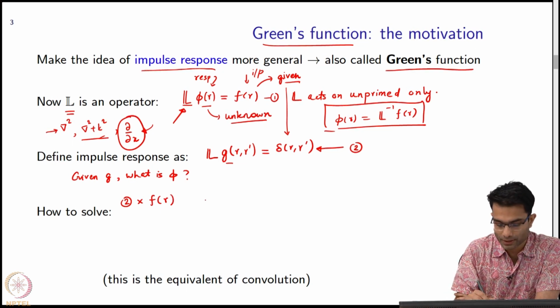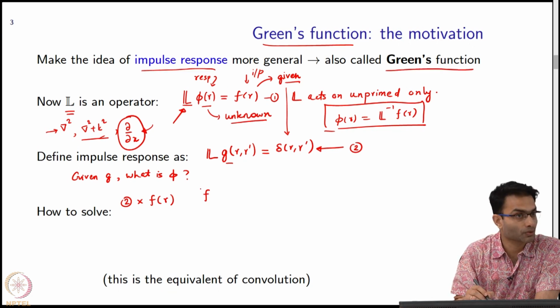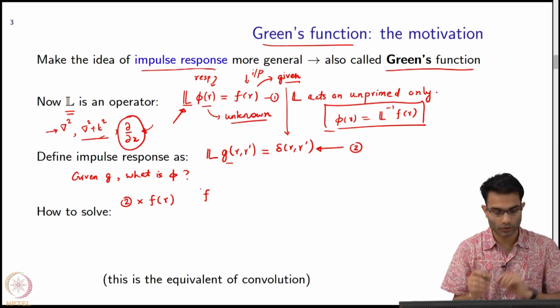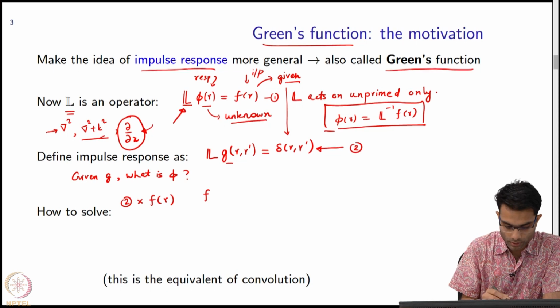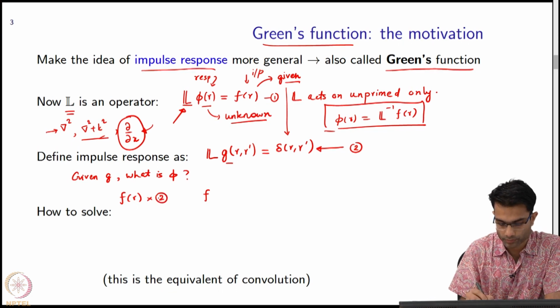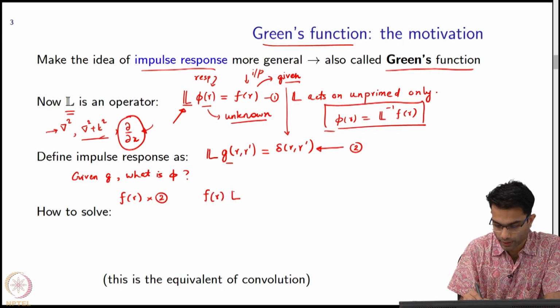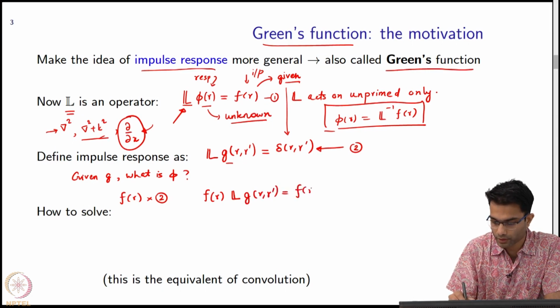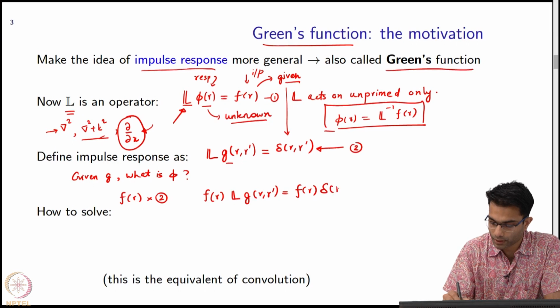What will happen is, it's an operator, remember, so I am multiplying on the left hand side. Let me just write it like this, f of r into equation 2. So f of r, L G(r, r') is equal to f of r delta of (r, r').